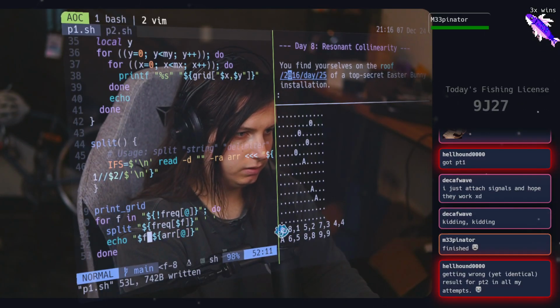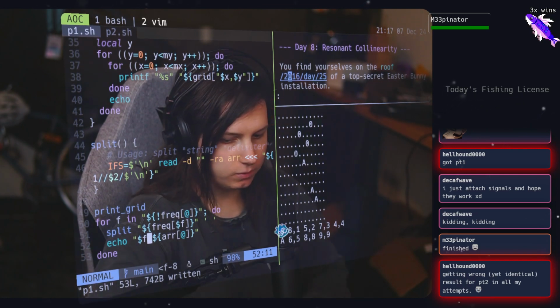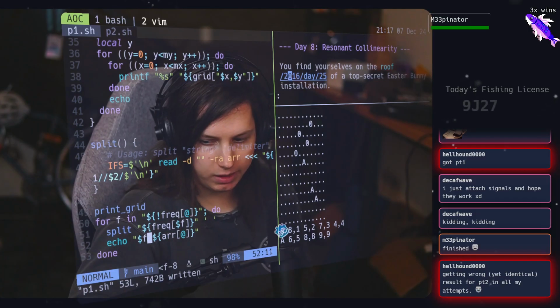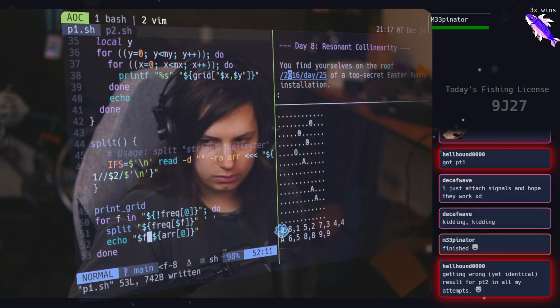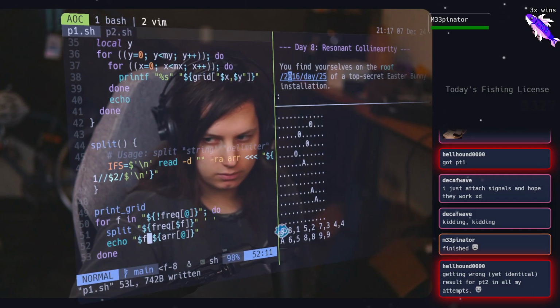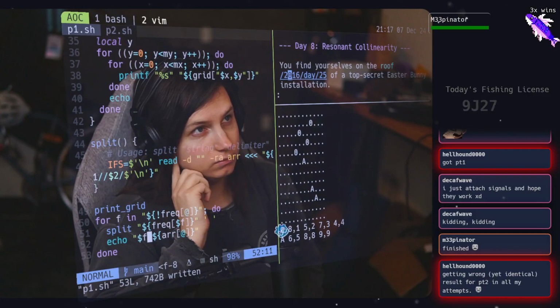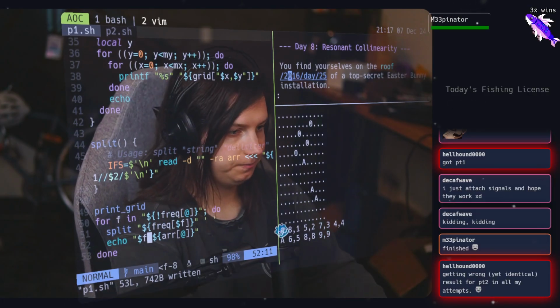What do I want here? So we need to make pairs. How do we make pairs? You just need 2 loops, right?